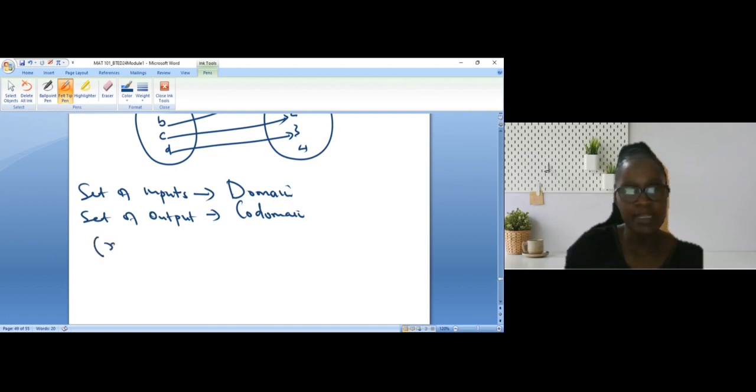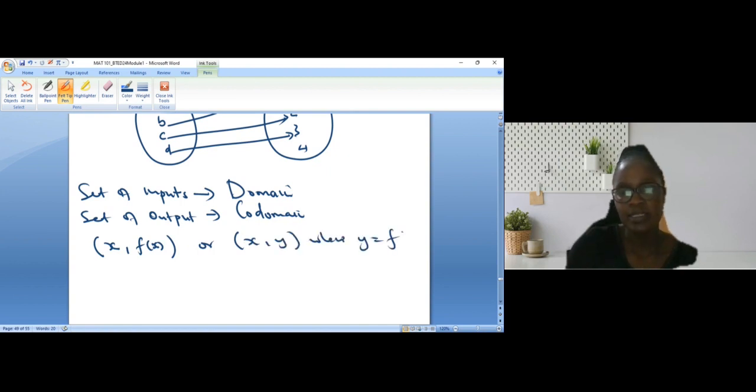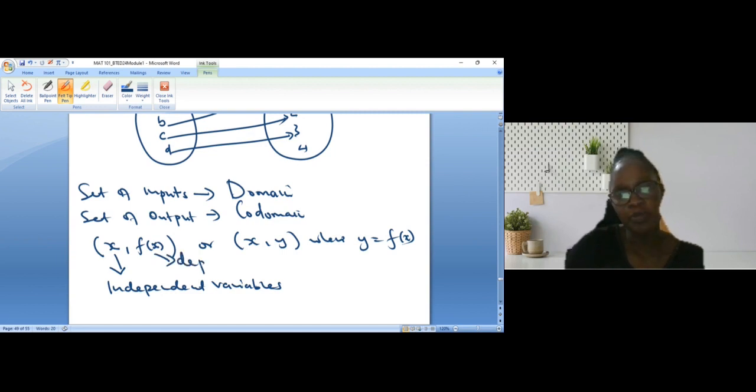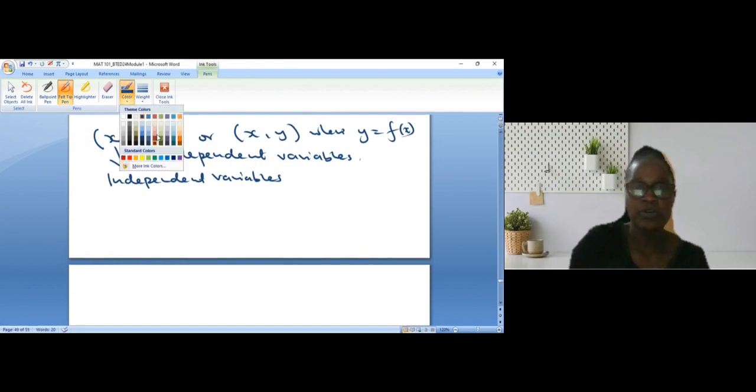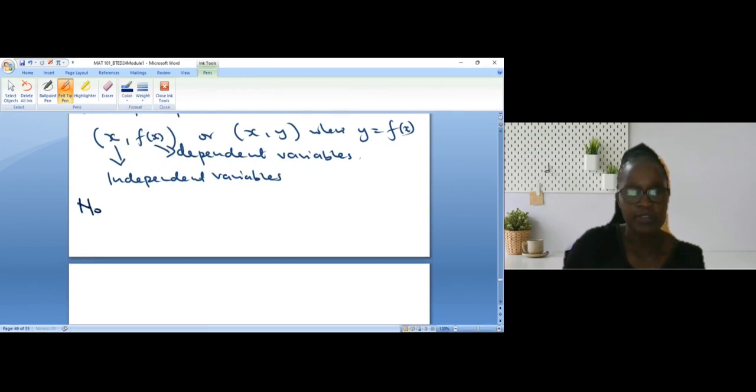You are looking at ordered pairs (x, f(x)). In some books, you write it as (x, y), where y is f(x). In this case, the inputs are the independent variables, and the resulting outputs depend on the input, so we have the dependent variables.